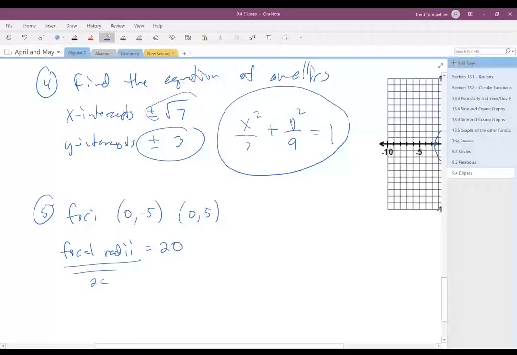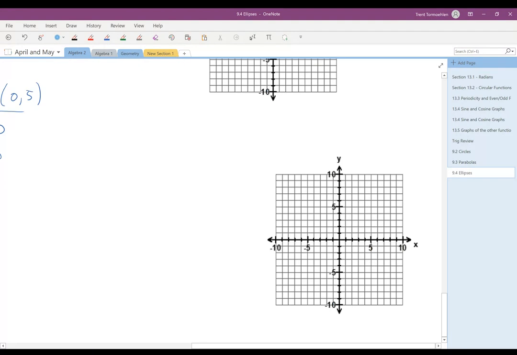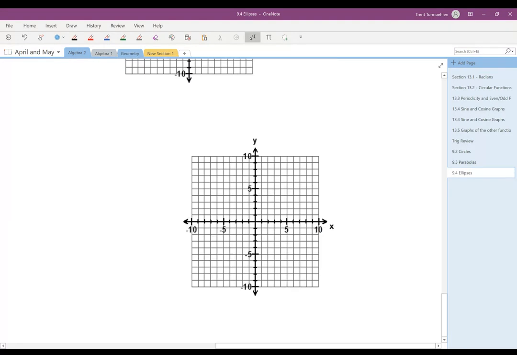So you're given the foci are 0, -5, and 0, 5, and the focal radii is 2c, is 20. And so that means that c equals 10. The foci are always on the major axis. And so the major axis is going to be here.